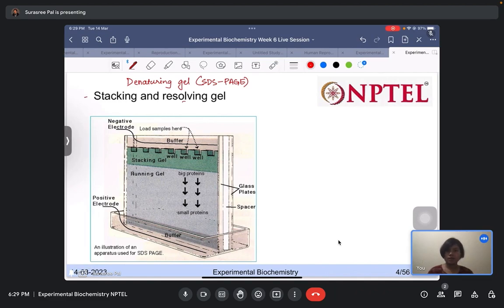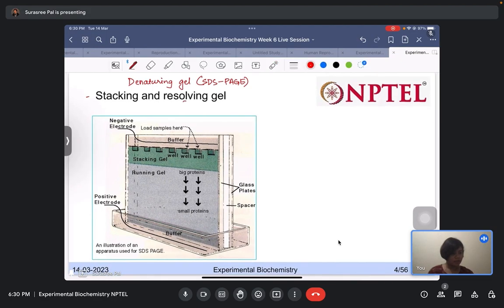So what is the requirement of these two types of gel? What we can see here is a common apparatus. These two are the glass plates, in between which we polymerize the gel.